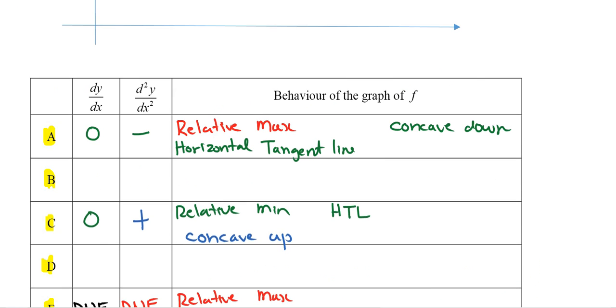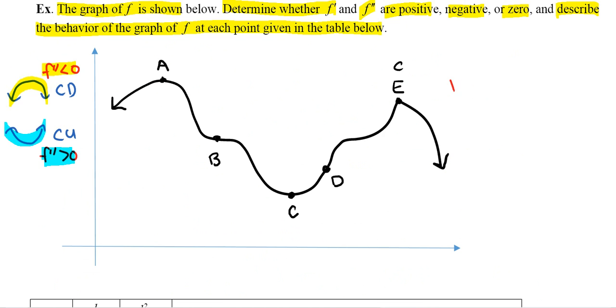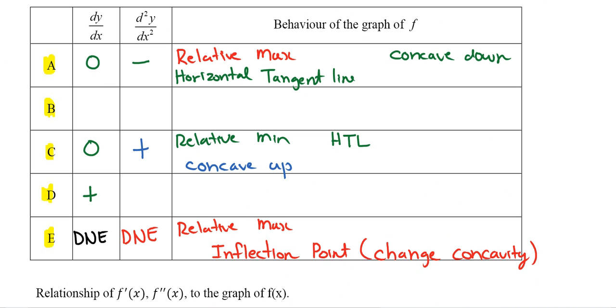Okay, now let's erase all of this, and now let's look at points B and D. The first thing I'm going to do is look at the value of D right here. So let me circle this. It looks like I have a positive horizontal tangent line, so that means my first derivative is going to be positive.